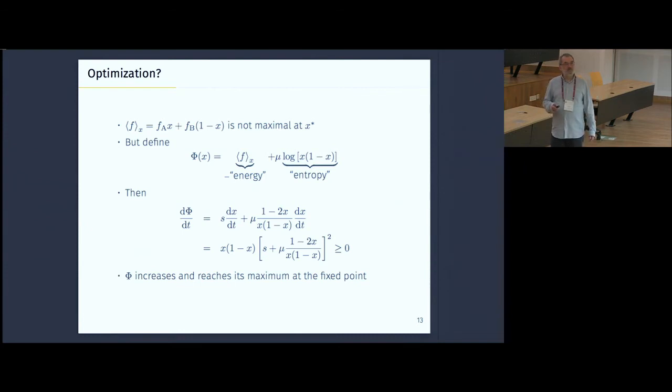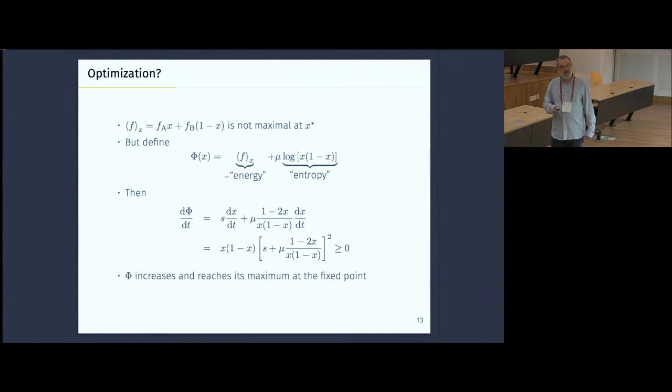And then you can prove this thing. You just evaluate the derivative of this function with respect to time, and you find this term that is very easy, due to the change in the average fitness due to the change of the frequency. And then you have the derivative of this other term that has a strange form. But you see that both of them are proportional to dx/dt, and you can pull out an x(1 minus x) times this quantity squared.